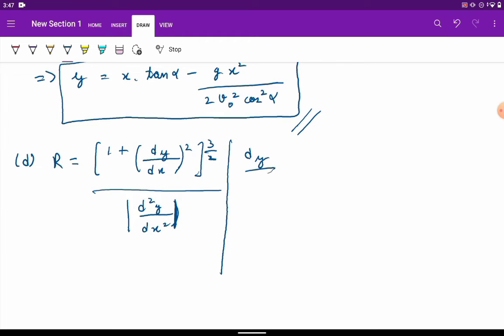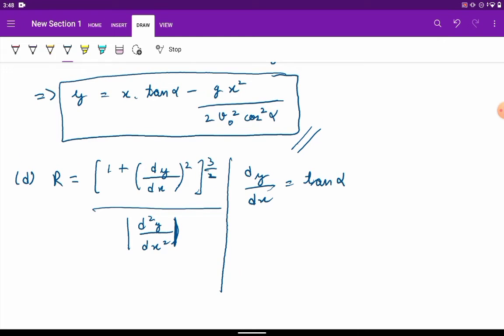Dy by dx, at any general point, is tan alpha minus g x by v naught square cos square alpha, since x square when differentiated becomes 2x, and the 2s cancel.